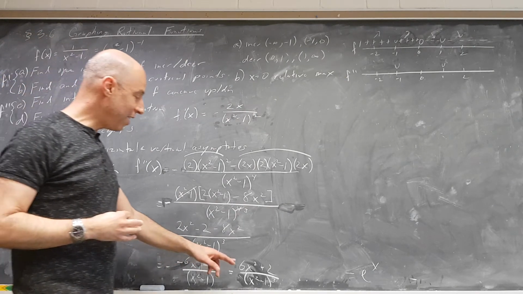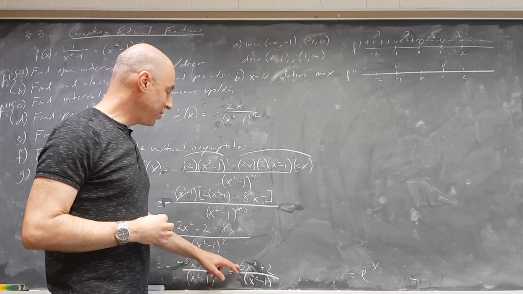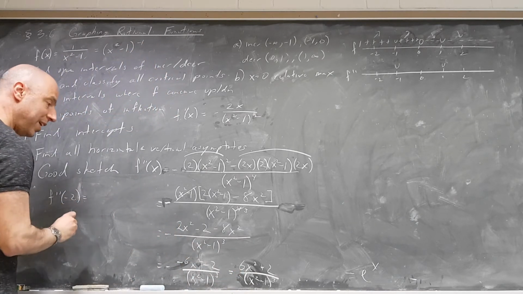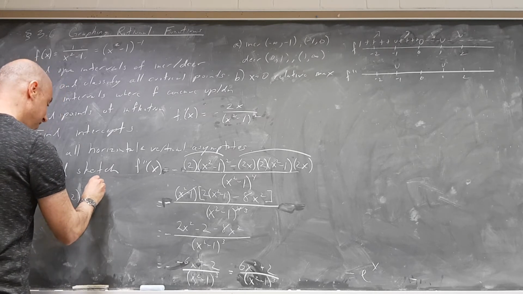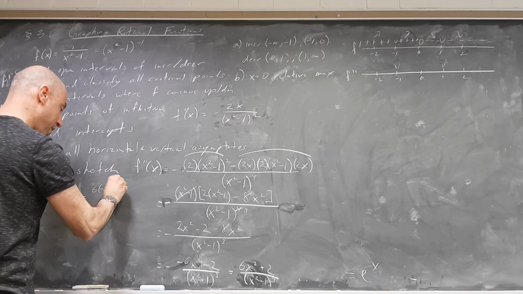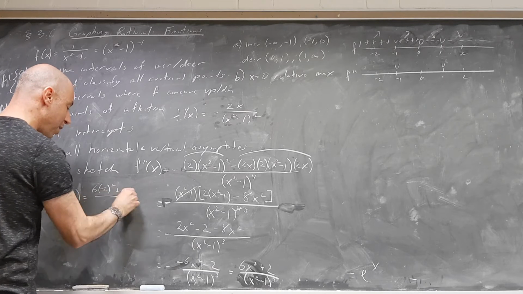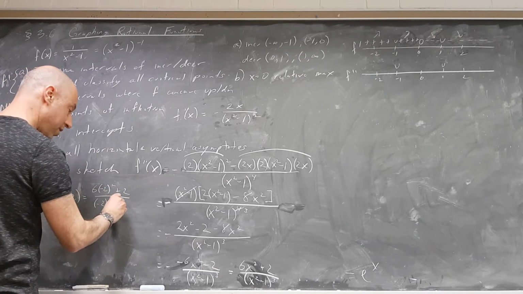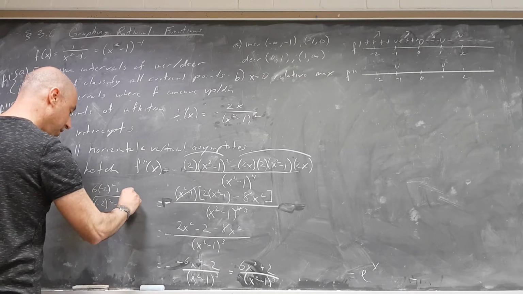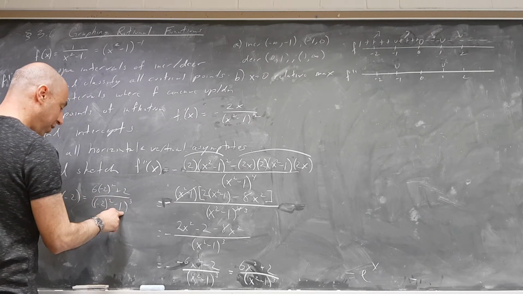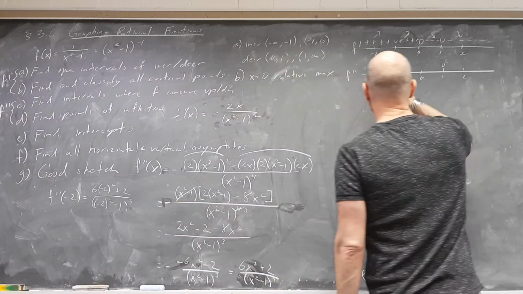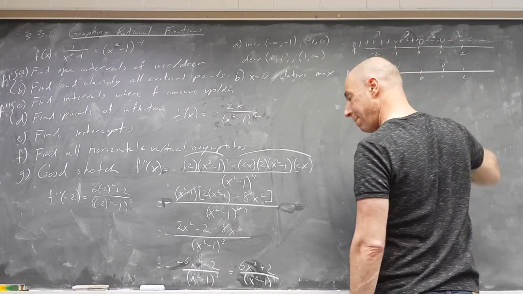So down here, if I plug in x equals -2, so f double prime of -2 is going to be 6 times -2 squared plus 2. The top we know is going to be positive. -2 squared minus 1 cubed, that's going to be 3 cubed. The bottom is going to be positive. It's definitely plus here.